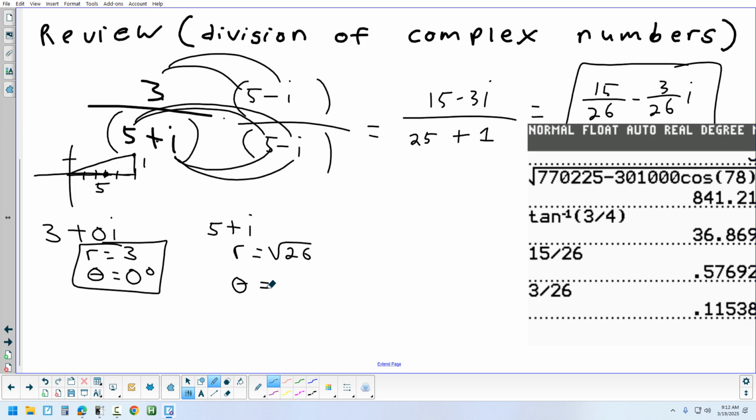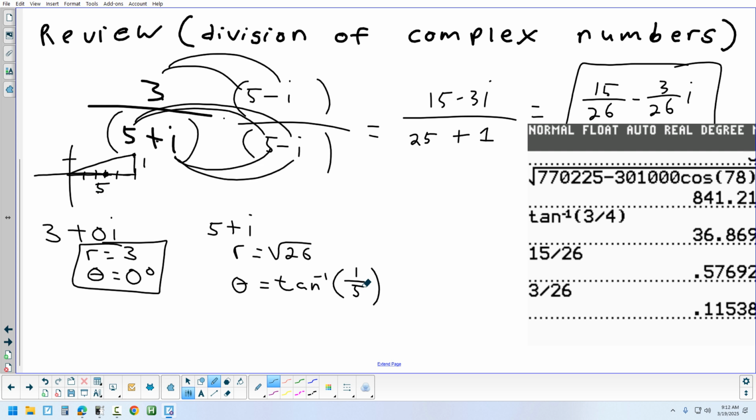And what's my formula for theta in quadrant 1? Inverse tangent. Inverse tangent of y over x. Y is 1, x is 5, if you trust me.